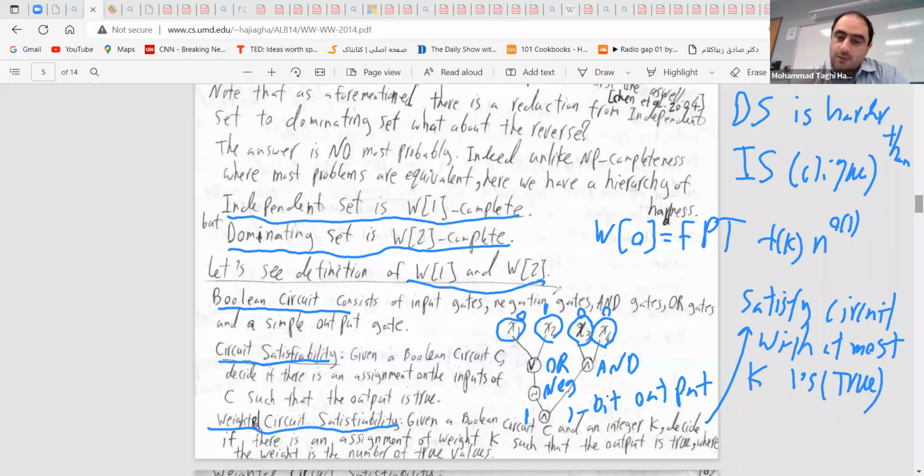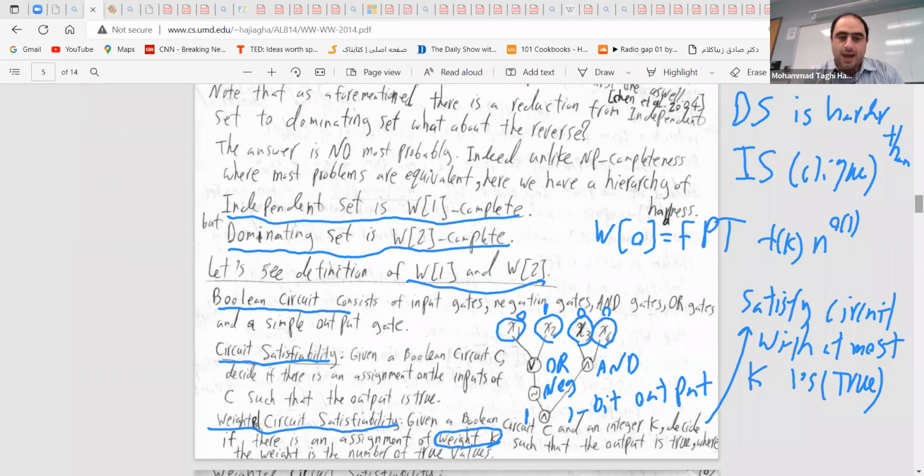So the number of ones that you put should be at most k. That's called weight k. That is what is called weighted circuit satisfiability.